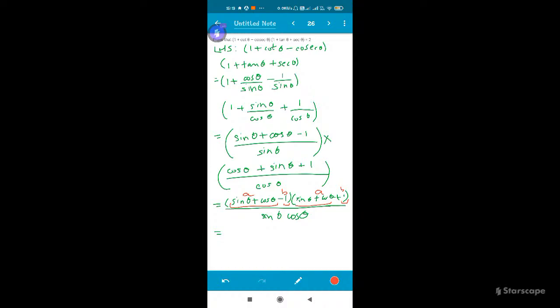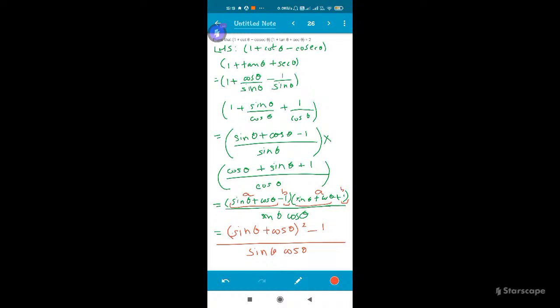I hope this is clear. It is of the form A plus B into A minus B, so I can write it in the form of A square minus B square. So sine theta plus cos theta whole square minus 1 divided by sine theta cos theta. Okay.